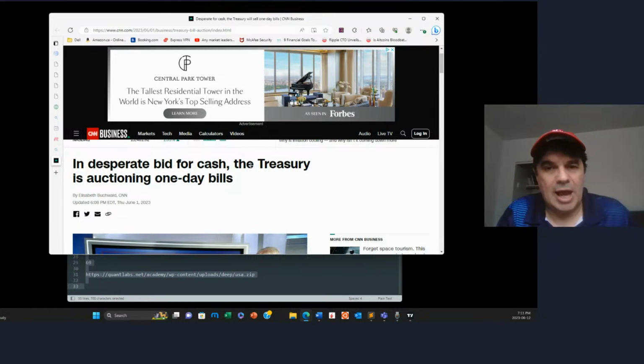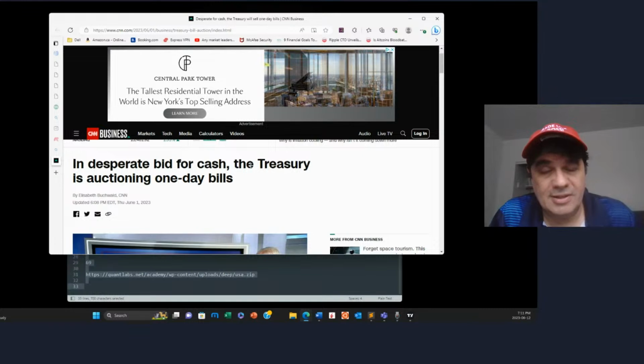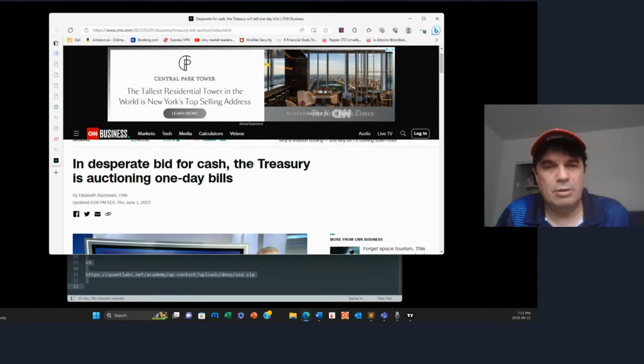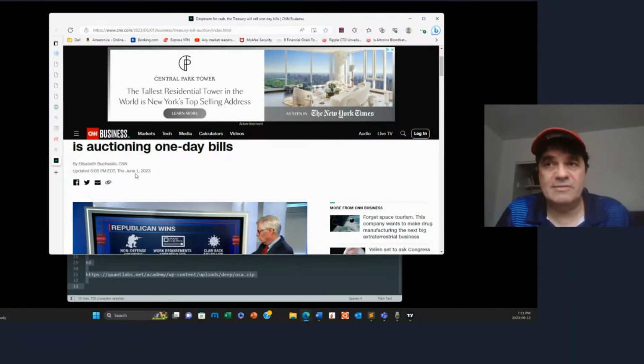I don't know if this is before or after the debt deal, but they're already saying the next debt deal that they'll have to go through is probably next year in the presidency. So that's how desperate this situation is for the U.S. government, no matter what you read. As you can see here, this is from June 1st. That's how serious it's getting.